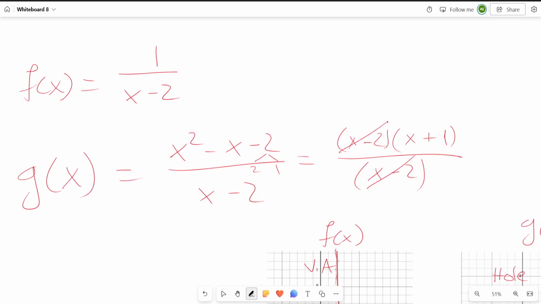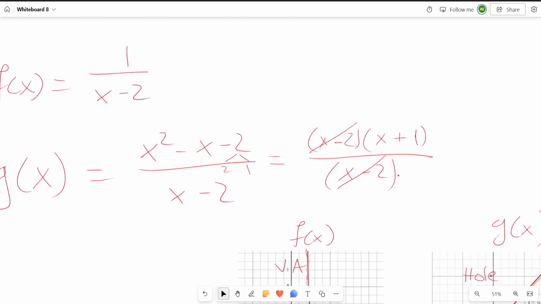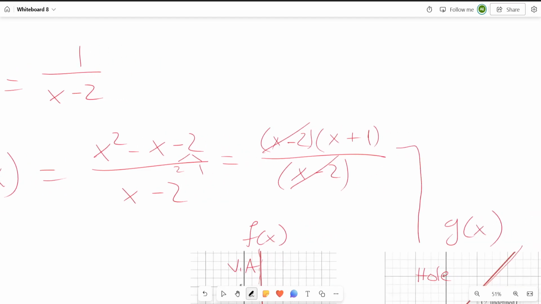When we have a shared factor, that is the cause for a hole. Since the numerator and the denominator share a factor, this x, which is 2, no longer gives me a vertical asymptote, it gives me a hole. Is that always the case? Yes, but we have some differences.